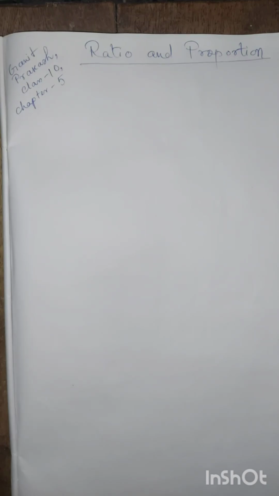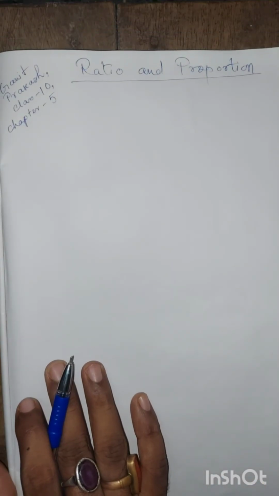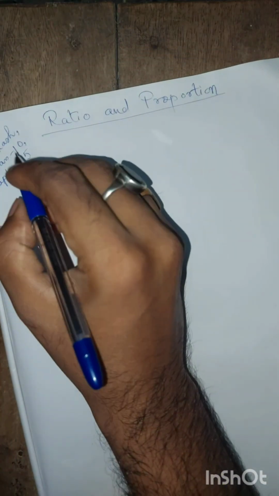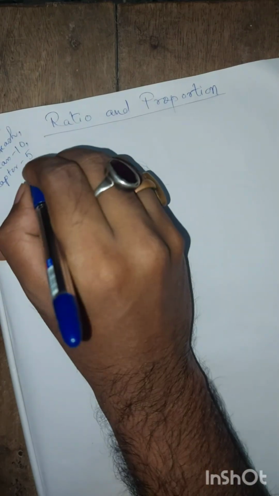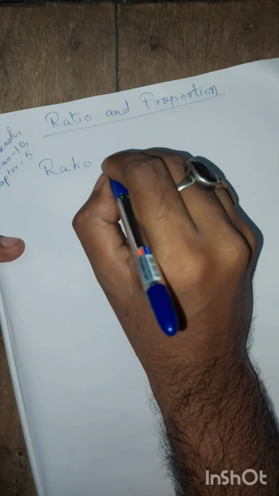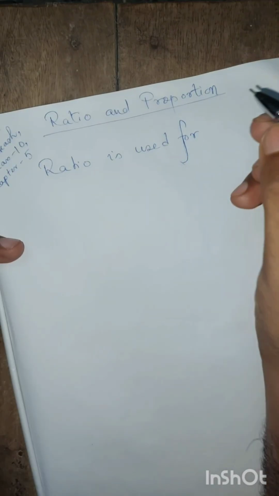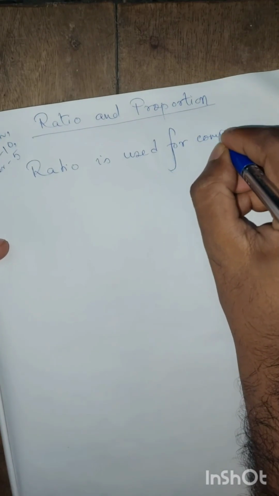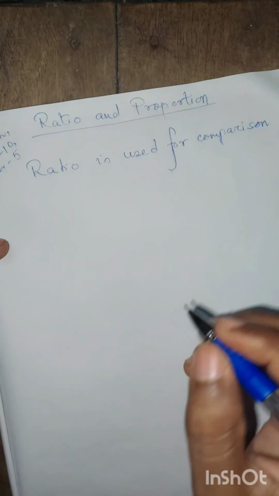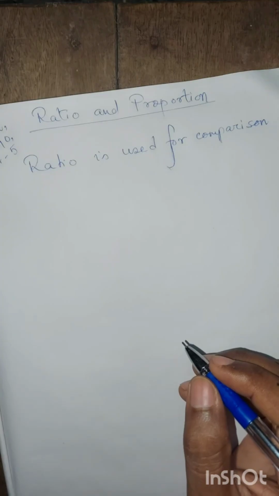So let us first understand what is a ratio. We can say ratio is used for comparison, when we compare two similar quantities.